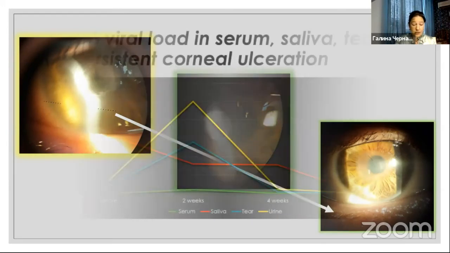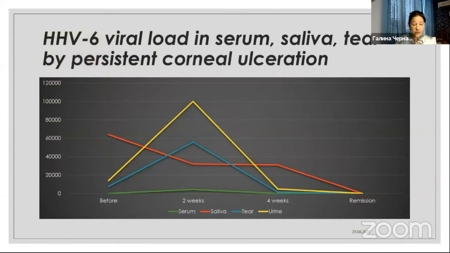As you can see on these graphics, we have elevation of this virus in all secretions except saliva during therapy, and then gradual reduction of viral load to the moment of recovery, to undetectable amounts. Red line, saliva load; yellow, blue, and green, tears, urine, serum.